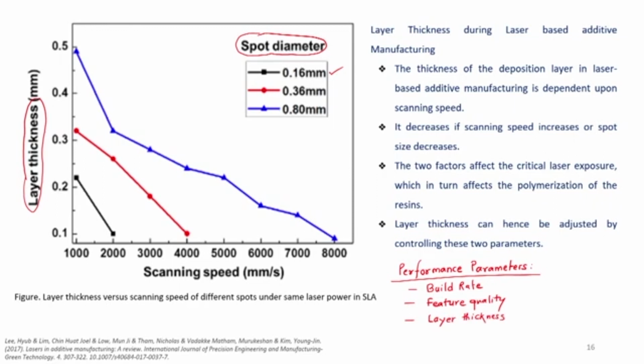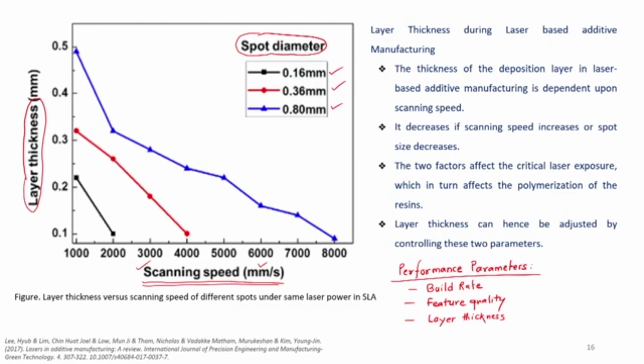Now, let us study how the layer thickness is varying for spot diameter, and we are also considering the scan speed as well. The scan speed is given in terms of mm per second. So, what we can notice over here, as we are increasing the scan speed, there is reduction in the layer thickness for all the spot diameters.